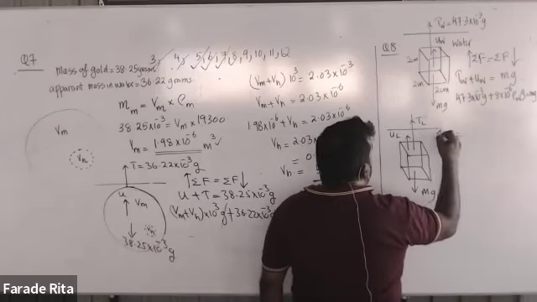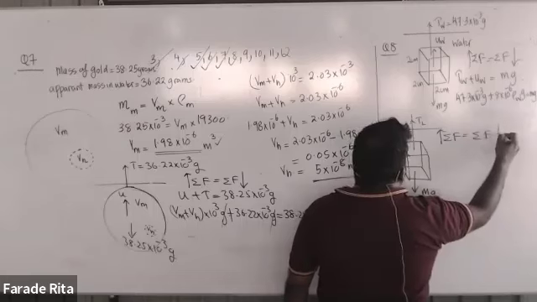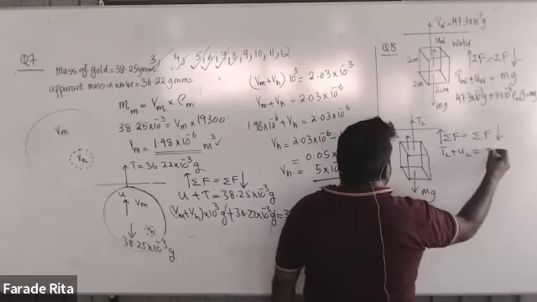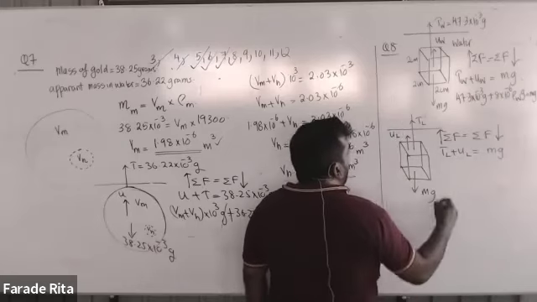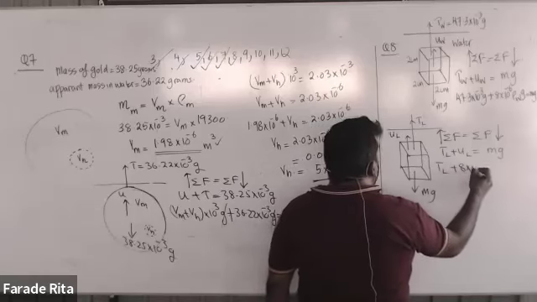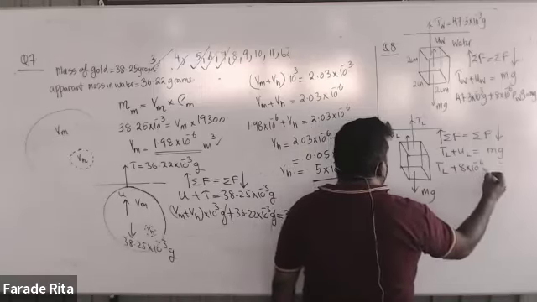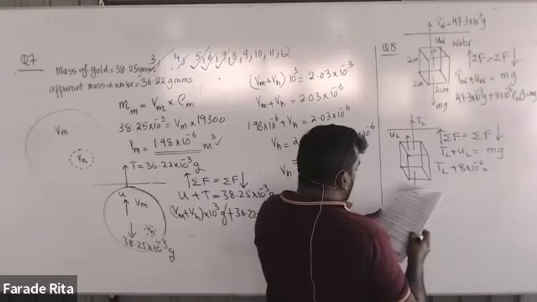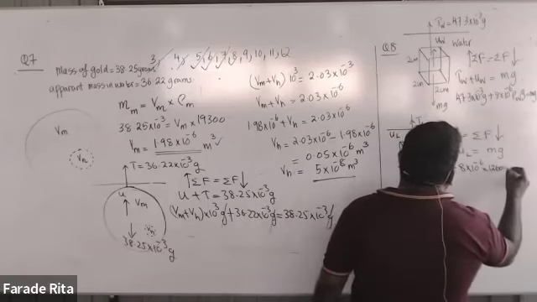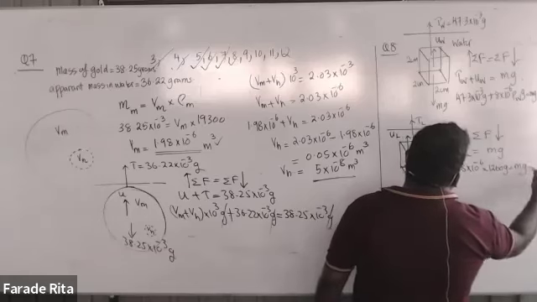Sum of forces upward balances sum of forces downward. Tension in the liquid plus upthrust in the liquid equals weight. Tension in the liquid plus upthrust is 8 cubic centimeters converted to cubic meters, times density of glycerine 1.26 into 1000, 1260, times g. That is mg, equation 2.